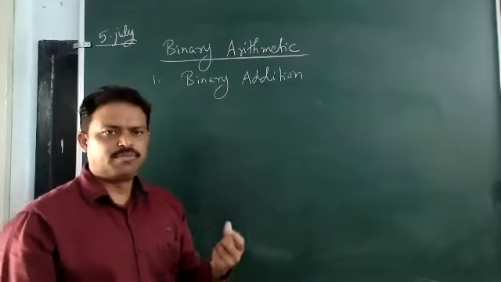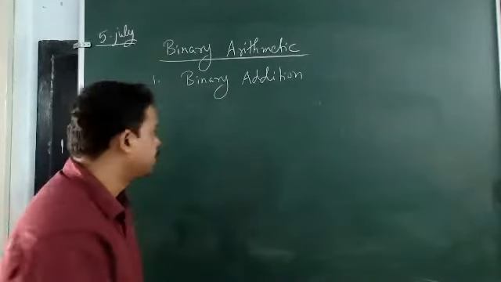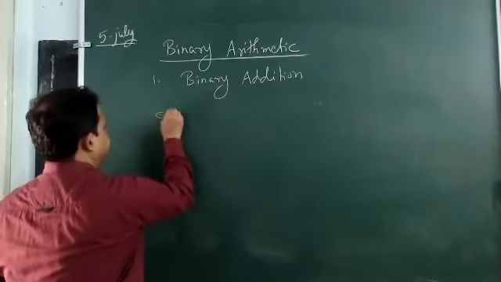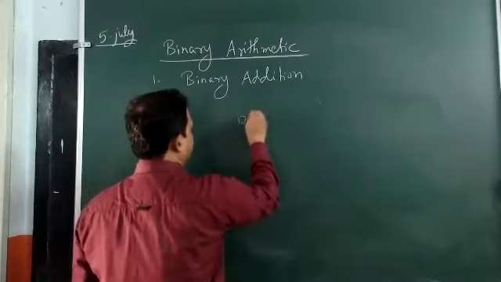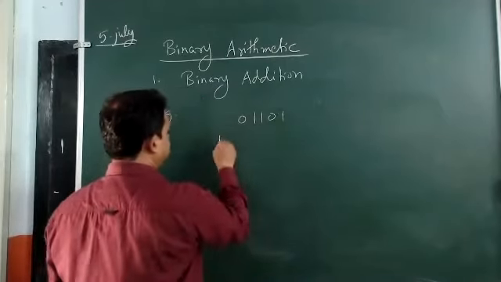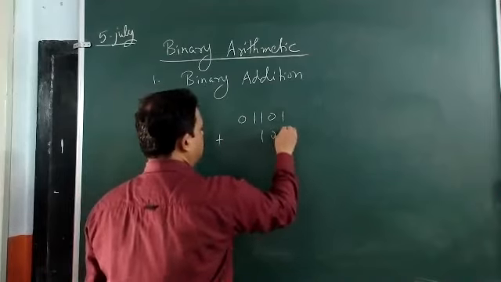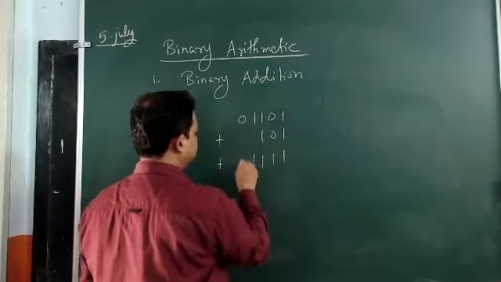What is the process of doing binary addition? Take an example: suppose I want to add 0, 1 plus 1, 0, 1 plus 1, 1, 1, 1, 0.